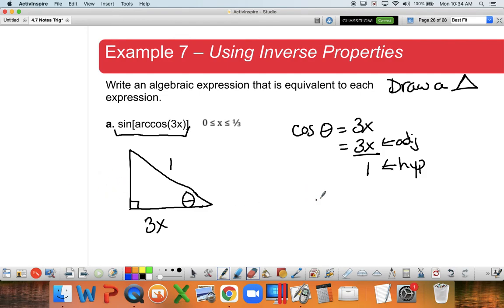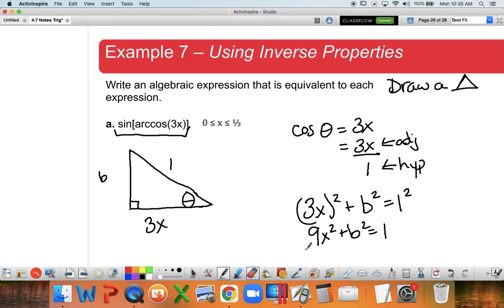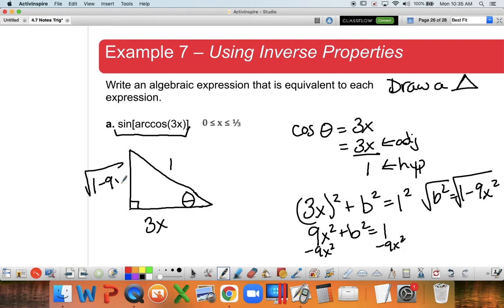So I'm going to do the Pythagorean theorem. I've got 3x squared, we'll just call this side b, plus b squared equals 1 squared. 3x times 3x is 9x squared. I then subtract 9x squared. So I get b squared equals 1 minus 9x squared. I then have to take the square root. So this missing side over here, it's ugly. It's the square root of 1 minus 9x squared.